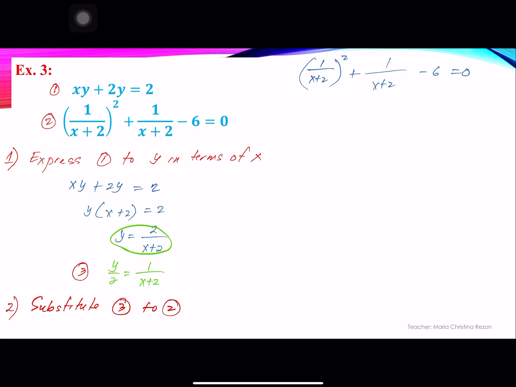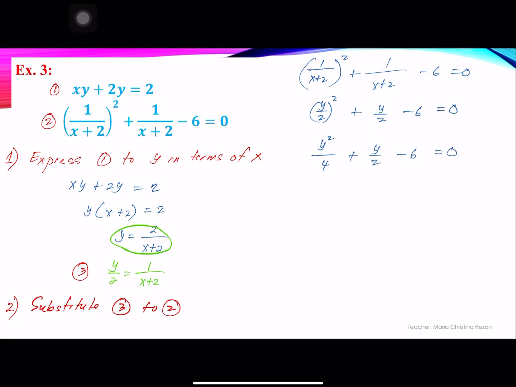So we can just substitute that. So y over 2 squared plus y over 2 minus 6 is equal to 0. So simplify further. You will have y squared over 4 plus y over 2 minus 6 is equal to 0.